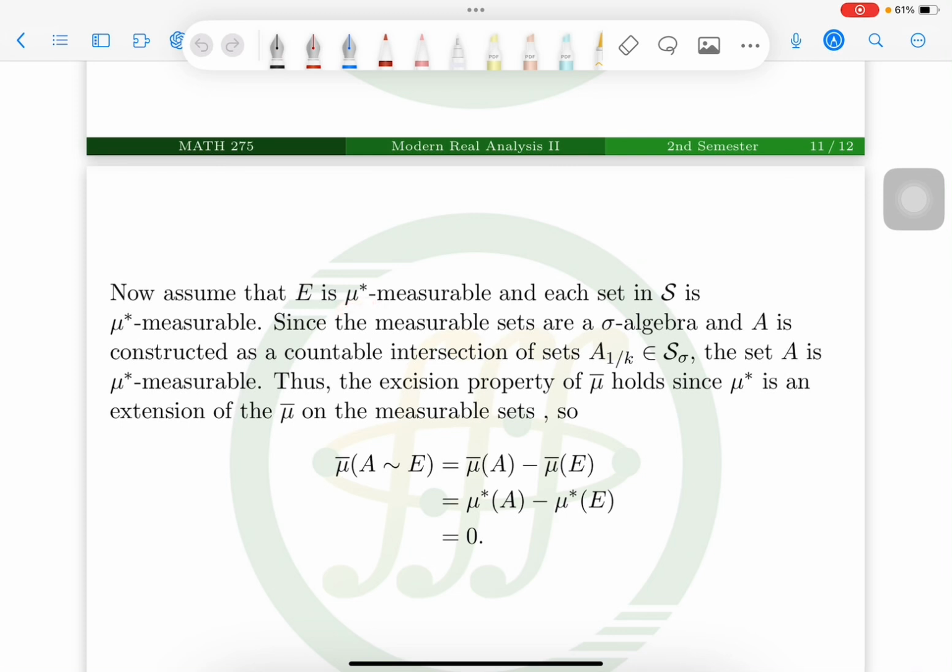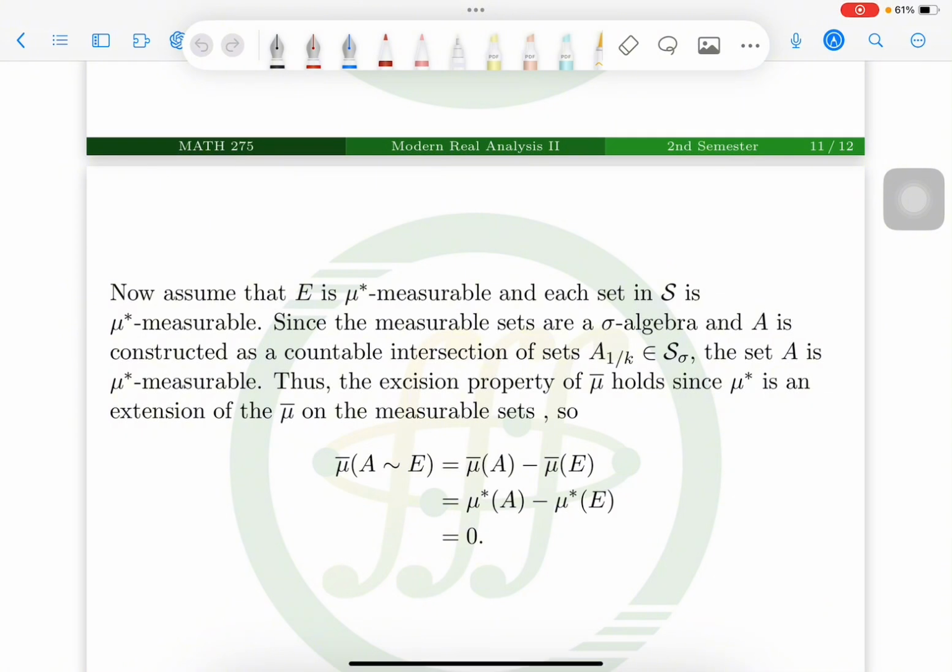So A is in M, where M is the collection of Carathéodory measurable sets. Since the measurable sets form a sigma algebra and A is constructed as a countable intersection of sets, as said earlier, the set A is Carathéodory measurable.